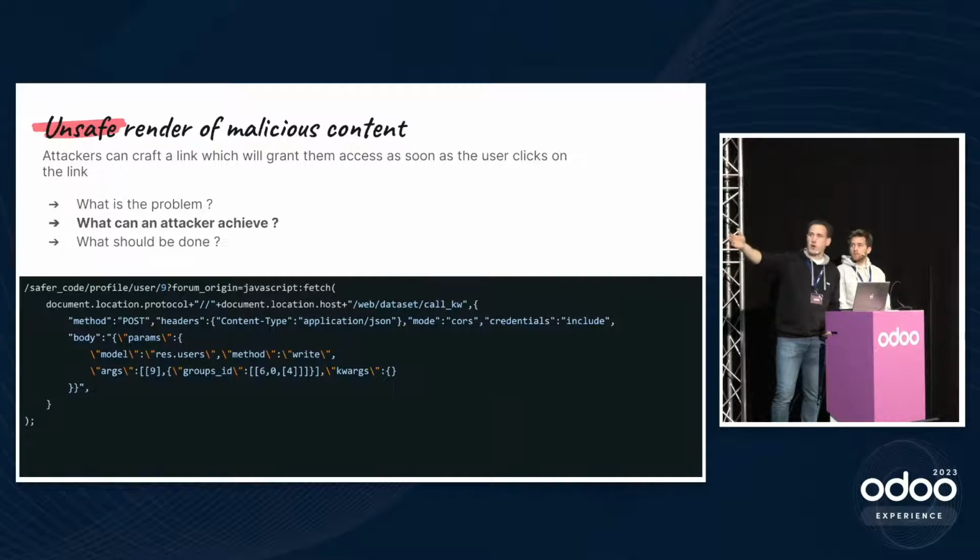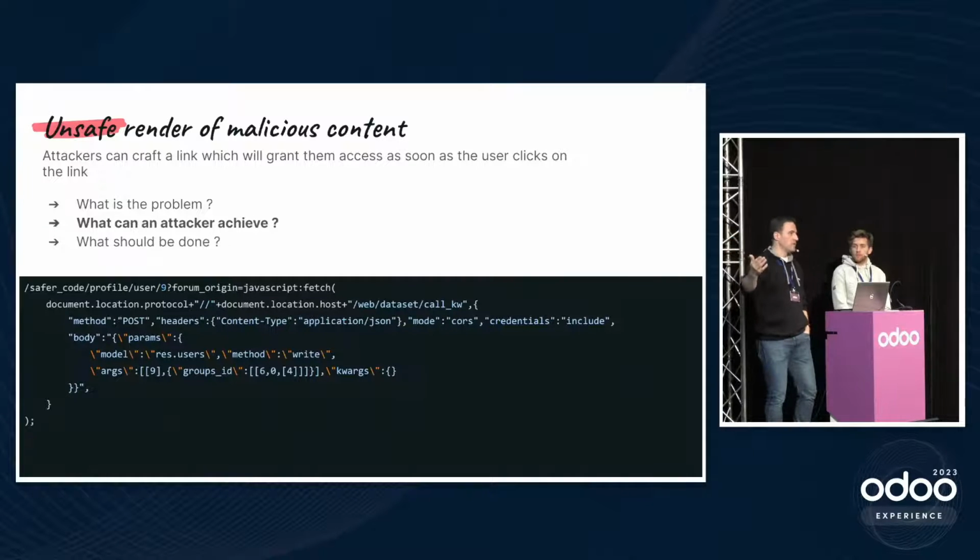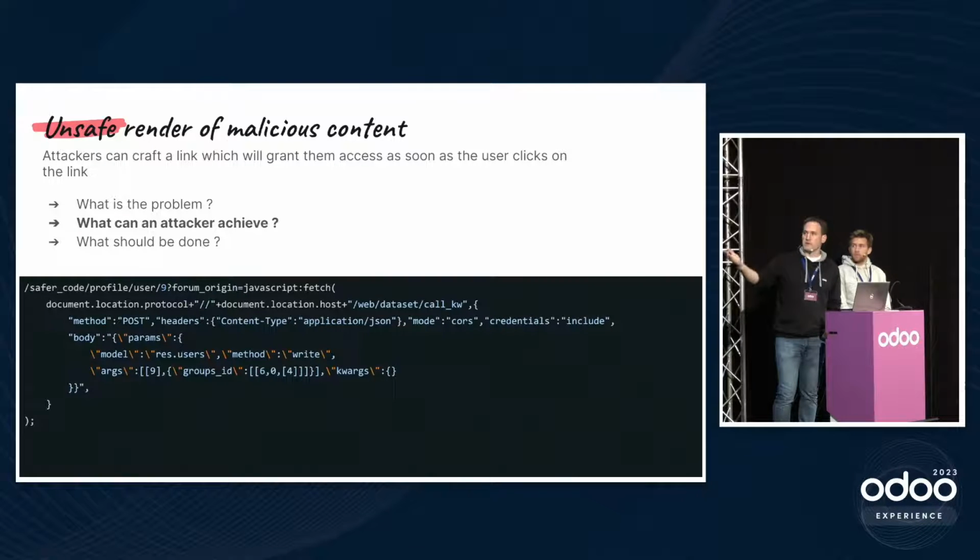And if you look at what this JavaScript code is doing, for instance here, it's making an RPC call to the server. Remember, the RPC API is always open. Of course, because it's called from the browser of the victim, it is going to use the session of the victim. And in this case, by the way, there is no protection from same-site cookies and so on, because we are executing the code in the window of the victim.